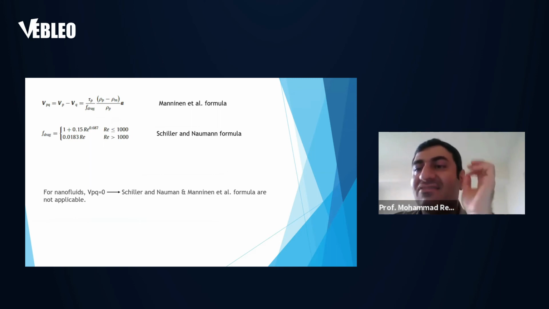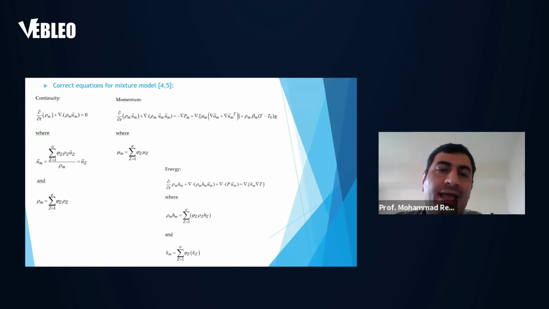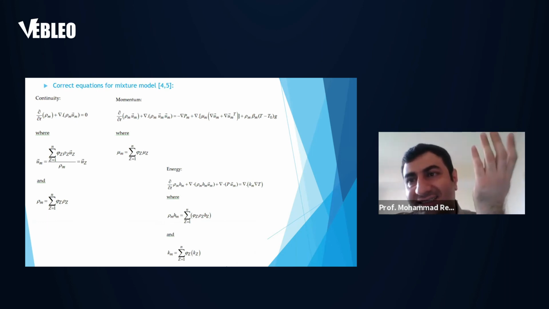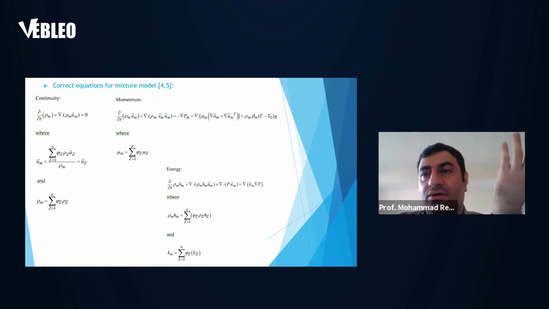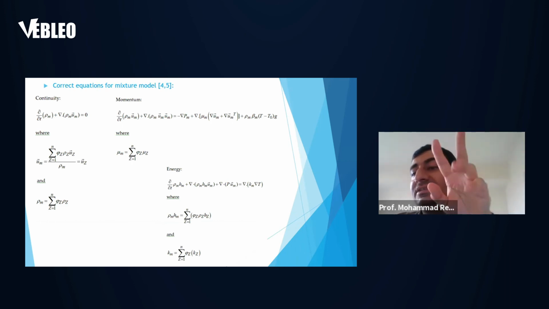It was developed for micro-sized fluid, not for nanofluid. So this formula should be corrected, otherwise it gives you wrong results. Of course, I have corrected the formula and published it. You can go to the literature, some of my papers, and see how I corrected it. It's not a big deal. You can very easily correct software like Fluent or COMSOL Multiphysics. It's easy, but the difference between the results is really considerable.